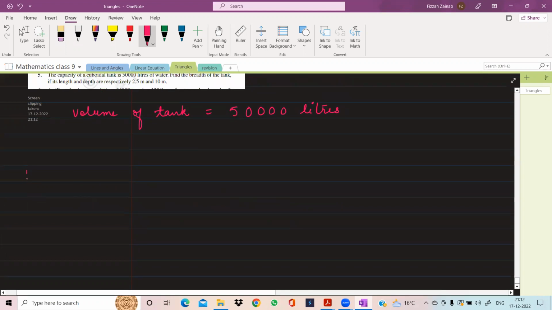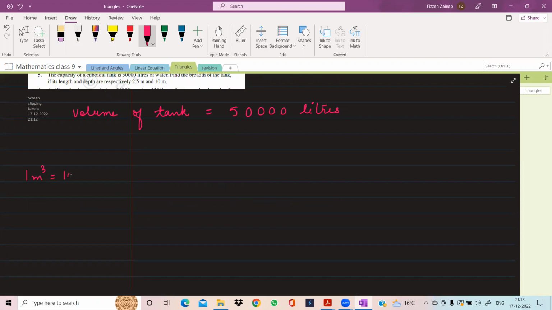Now see here, 1 meter cube is equal to how many? 1000 liter. This was given in the previous question also. You have to remember it, okay? Sometimes it might be given in the question in bracket, or otherwise you remember it.